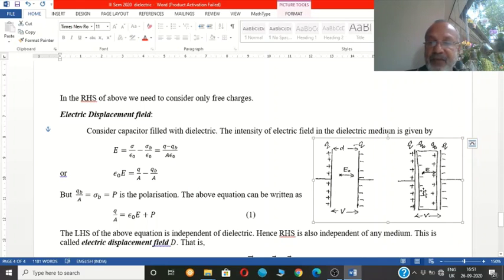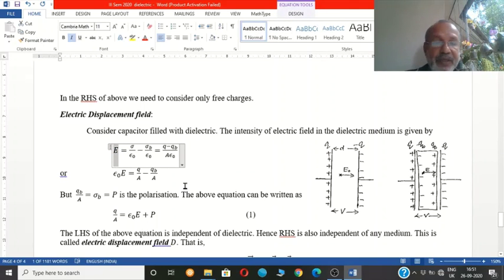In the case of with the dielectric, the intensity, which we have already derived, is sigma by epsilon 0 minus sigma b by epsilon 0. Sigma b is the bound surface charge density, sigma is the surface charge density, which is equal to Q by A, and sigma b will be QB by A. So you will get Q minus QB by A epsilon 0.